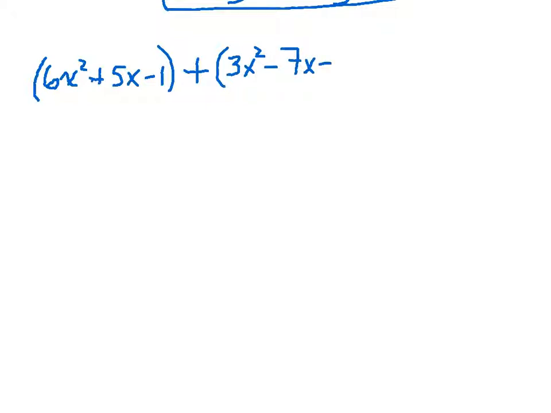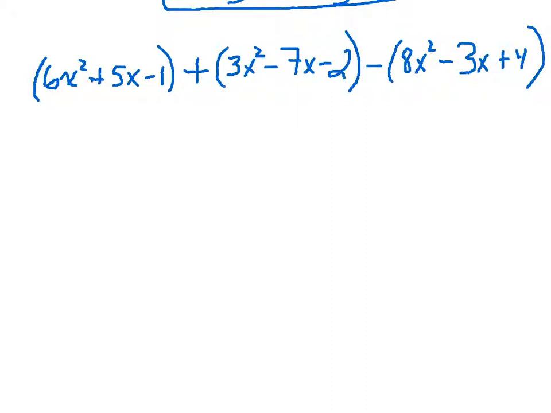Let's do 6x squared plus 5x minus 1 plus 3x squared minus 7x minus 2 minus, last parentheses, we've used 5, let's do 8x squared minus 3x plus 4. Again, 3 parentheses, we're adding and subtracting in between them.